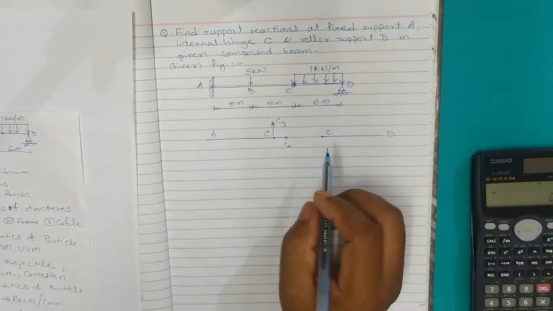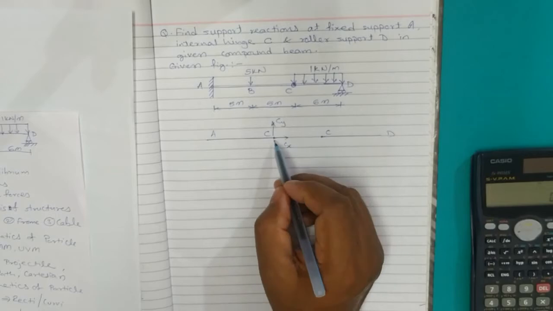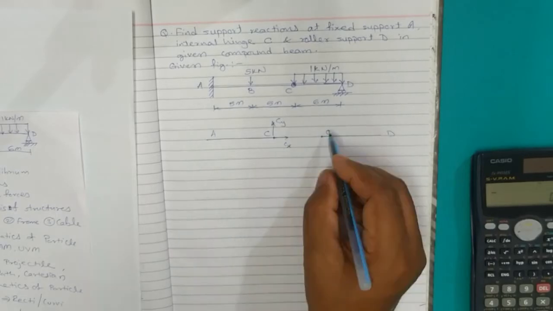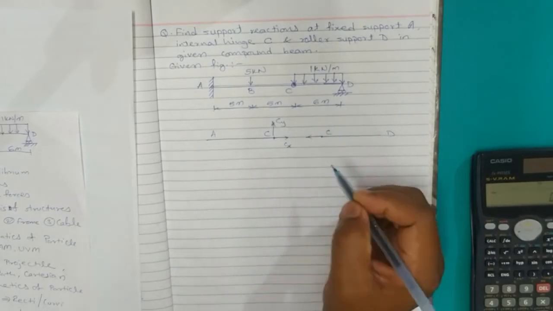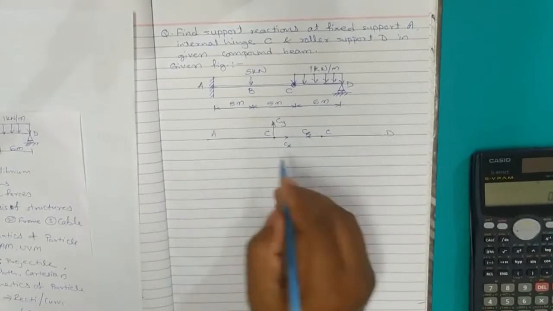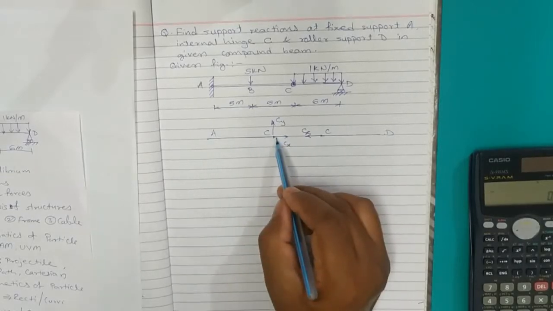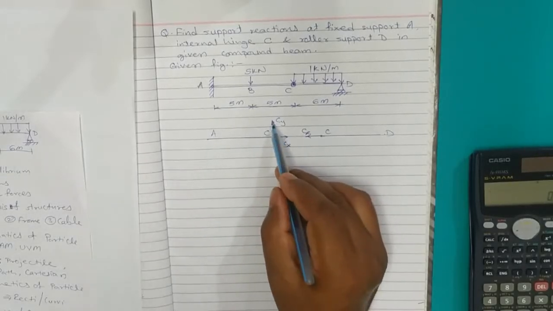What do we mean by that? Whatever Cx magnitude we will calculate for the member AC, the same magnitude of Cx reaction is going to be present for the part CD, but it will be exactly in the opposite direction of what we have taken for the member AC. And same for Cy also.